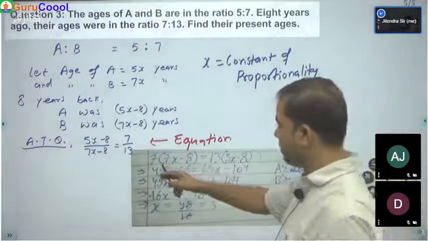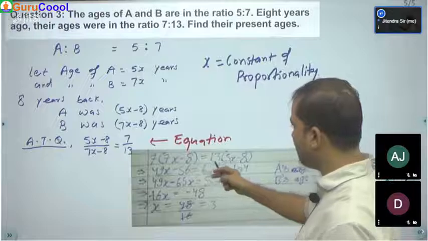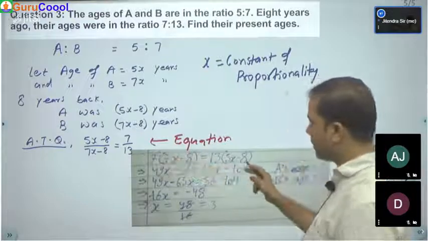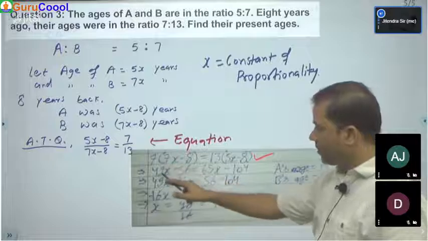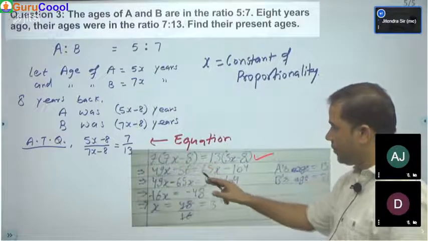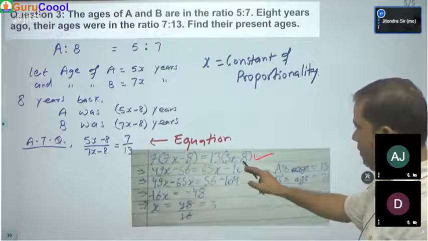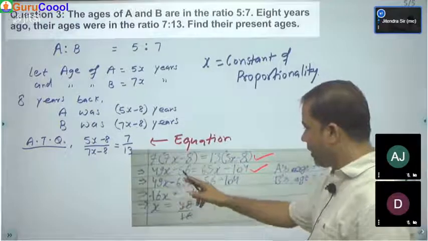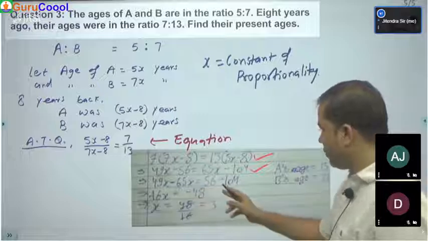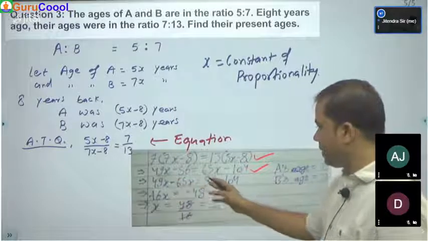Anurag, your answer here: 7 times 7x minus 8 is equal to 13 times 5x minus 8. You have done the cross multiplication correctly. 7 times 7 is 49x minus 7 times 8 is 56, 65x minus 104, correct? You have transposed it to the left side, that's good.